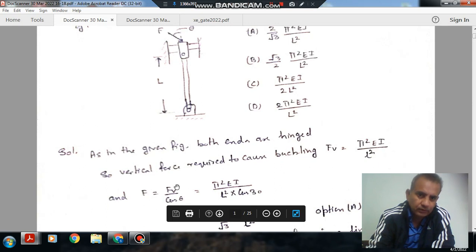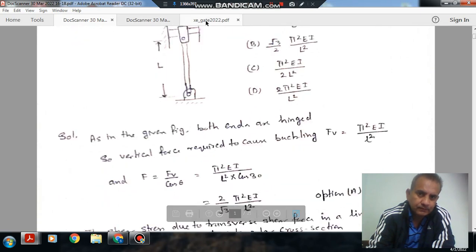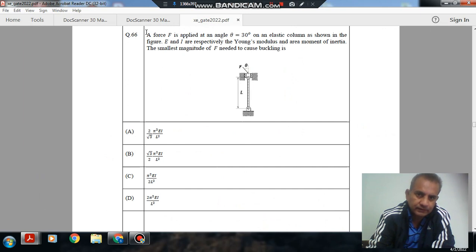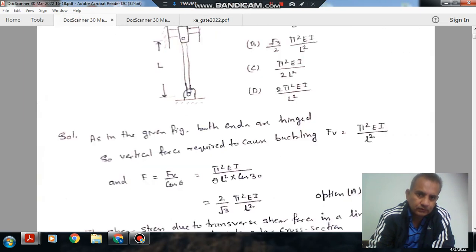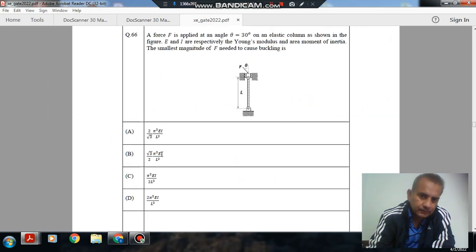So F is FB by cos theta, and this theta angle is 30 degrees. Putting the value of cos 30, that is root 3 by 2, we have F equal to 2 by root 3 pi square EI by L square. Option A is the right answer.